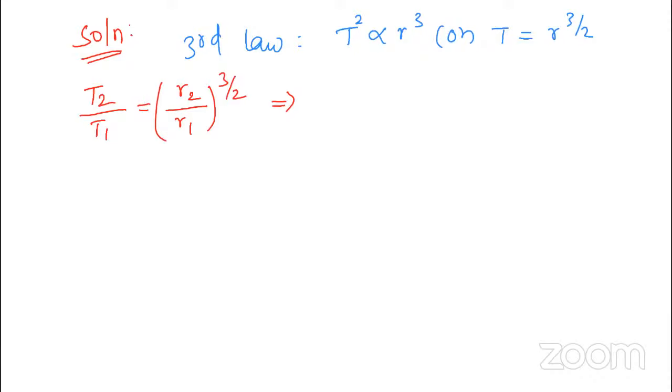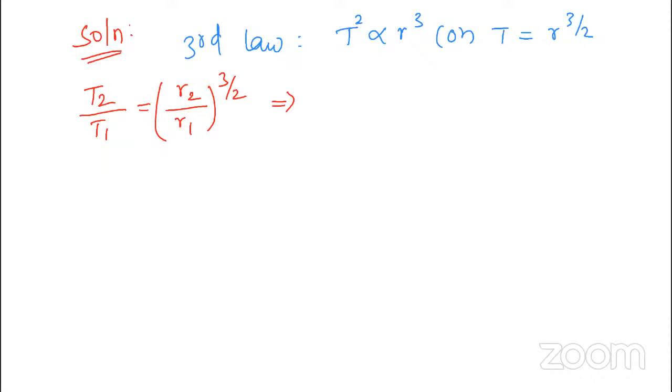So read out the problem carefully. A geostationary satellite is orbiting the Earth at the height of 5R above the surface of the Earth, where R is the radius of the Earth. We have to add this radius value.